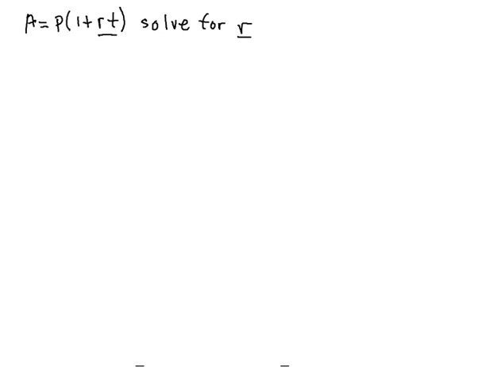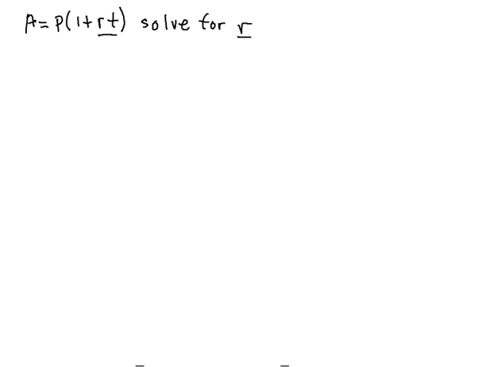So first we're trying to isolate at least the RT and get that alone. So we were thinking of kind of undoing the right side. What has been done to R? The first thing we would have to do if we were plugging things in is distribute through the P, perhaps. So we'd like to get rid of that P on the right side.